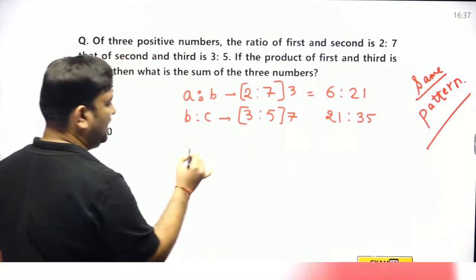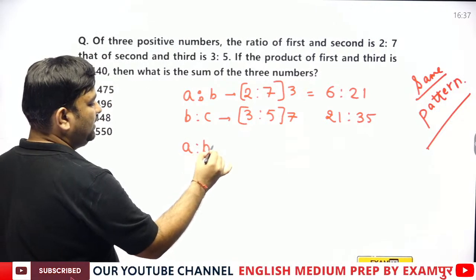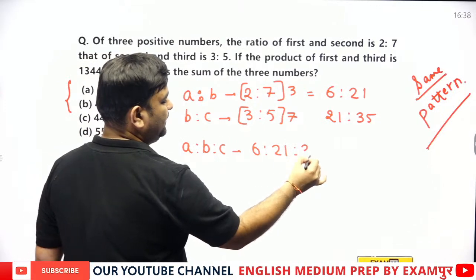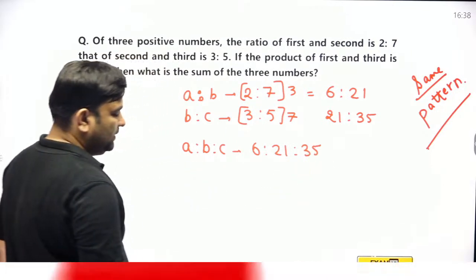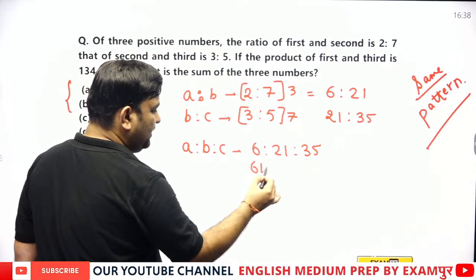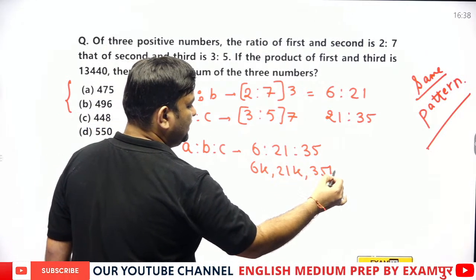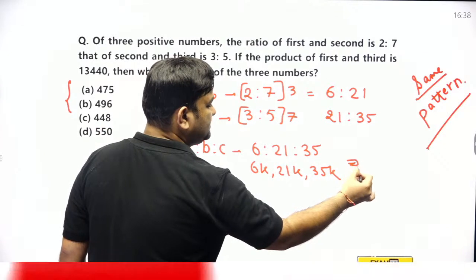So A, B, C are in the ratio 14, 21, 35. Or you can say 14K, 21K, 35K. So their sum is 62K.